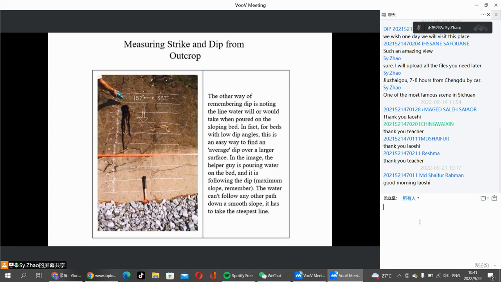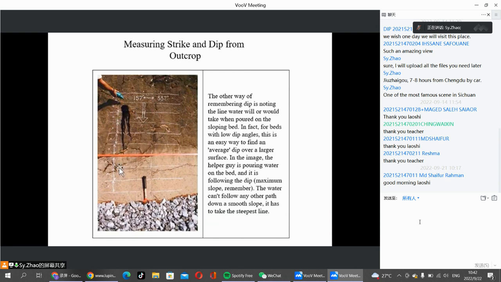And in fact, for beds with rough surfaces, this is an easy way to find an average dip over a larger surface. In this image, the helper is pouring water on the bed, and it is following the dip. You can see the same direction as this white arrow, and the water cannot follow any other path down a smooth slope.